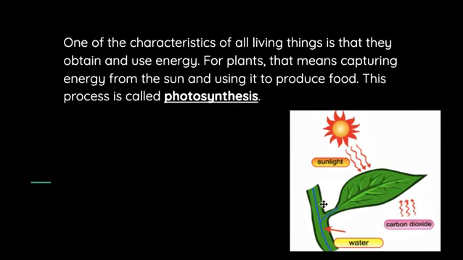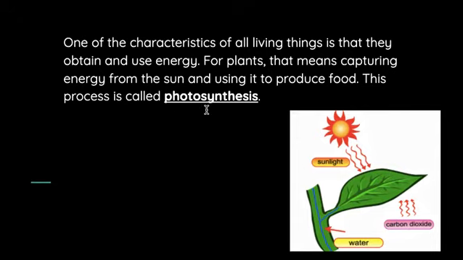Then they also mix in the nutrients that can be found in water, and when they mix them all together here in their leaves, they go through a process called photosynthesis. This is what we call the actual production of their food. It's called photosynthesis. And the green stuff that's in here called chlorophyll also helps the plant to do its job of creating energy for itself.